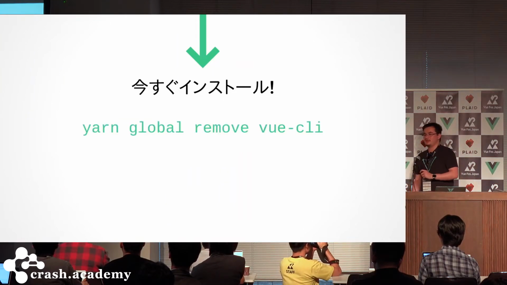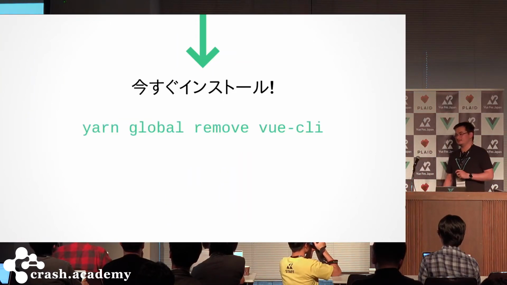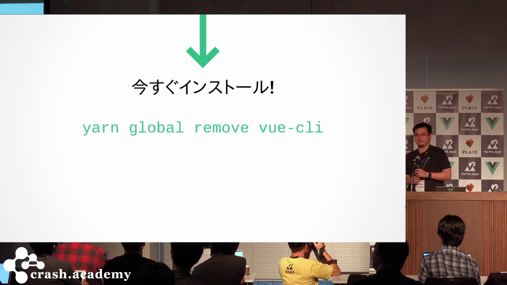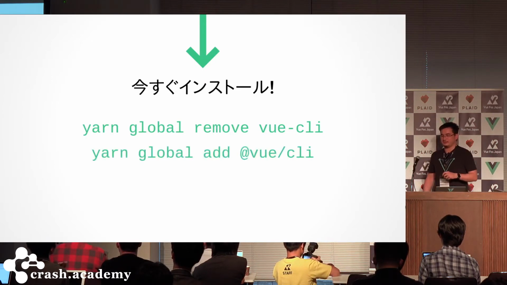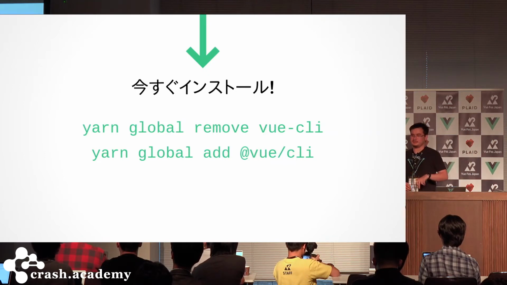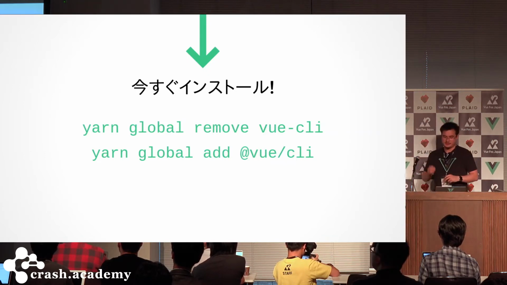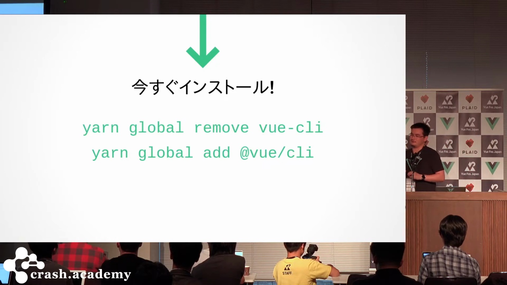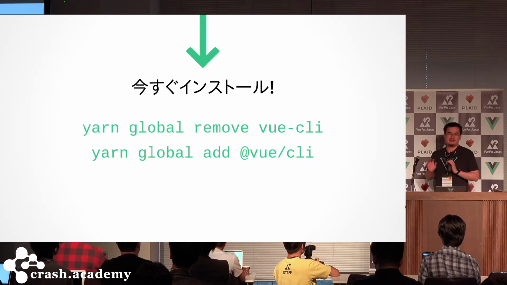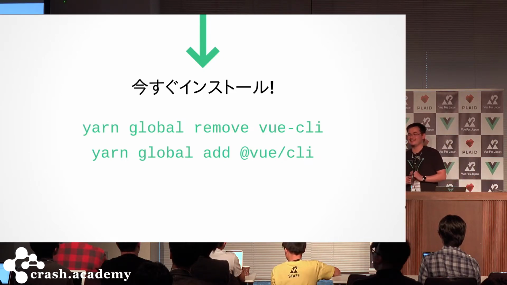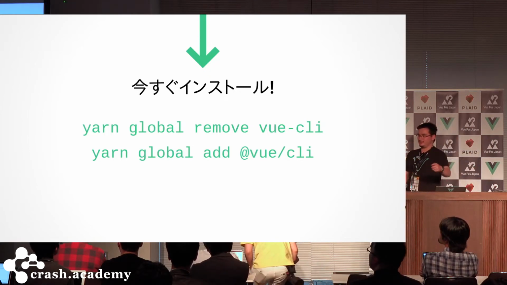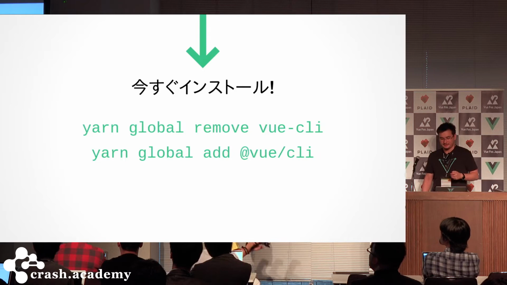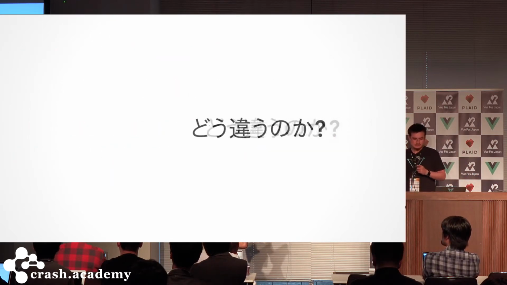First, you need to remove the old Vue-CLI package from your computer, because we renamed the package to @vue/cli, which is a scoped package. But don't forget to remove the old one, otherwise you may run into issues. So with the last command, you can install the new CLI and get started right now.